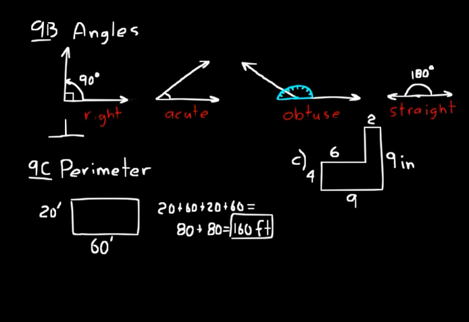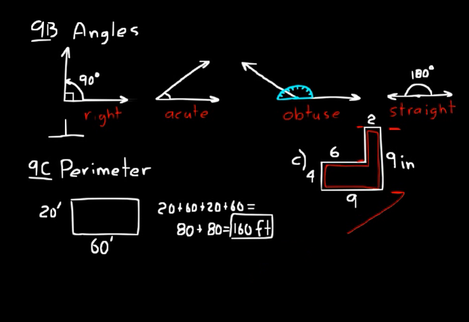Let's start with this side of length 6, and I'll just go 6, 4, 9, 9, 2, and then we need this side, but we don't have a value for that length right there. So from here to here, we need to figure that out. And what we would do is we know this distance right here is 9 inches.